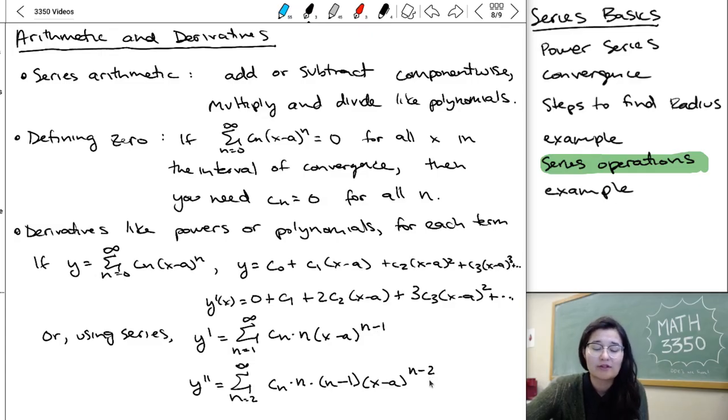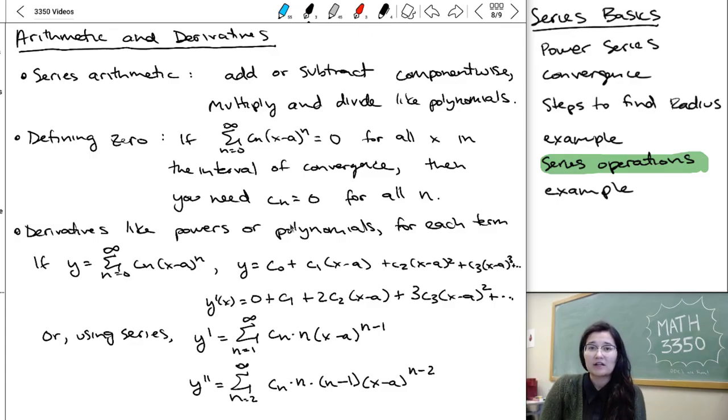I'm going to have to manipulate everything that I plug in so that they have the same lower bounds and power of x. The reason I want to do that is because my ODE is going to be equal to 0 on the other side. And if I want to make that true, I need to have it in a single series like this, where once it's like this, everything that multiplies the x's has to be 0 for it to be true.